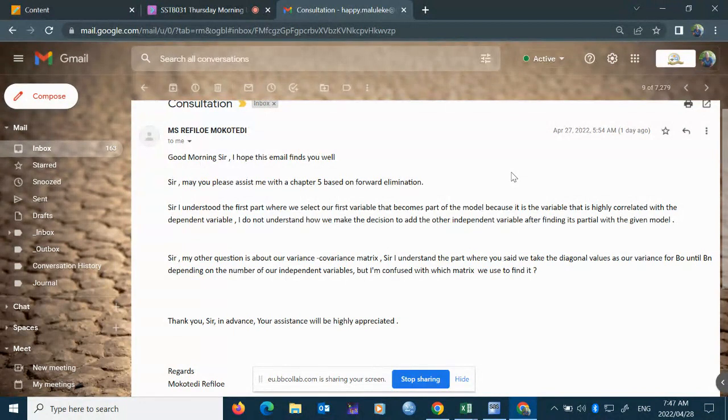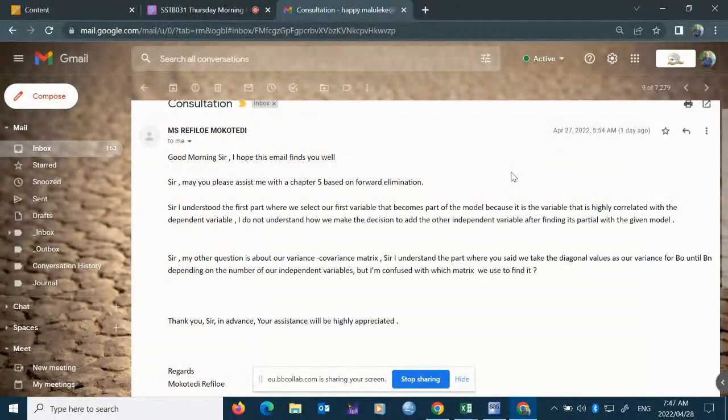Remember, suppose you are given 10 independent variables, and the first variable that was entered is, let's say, x10. To know which other variable to be entered, you will find the partial coefficient of determination of x1 given x10. Remember, x10 is entered from the first step. You write its value.